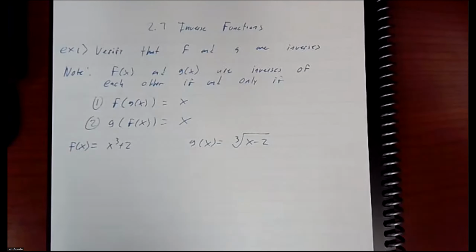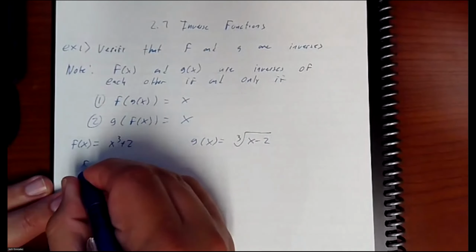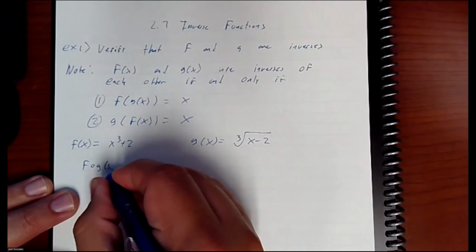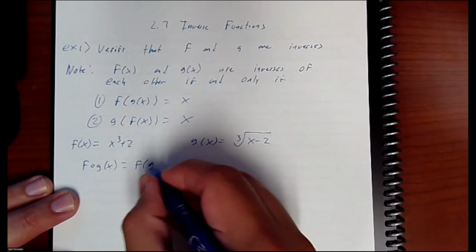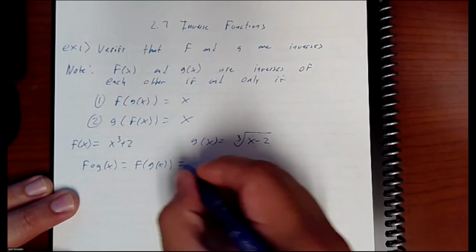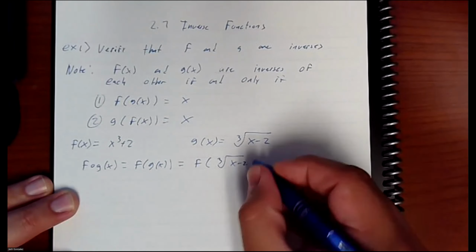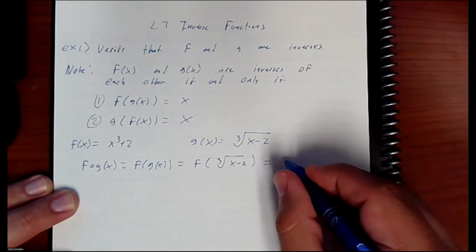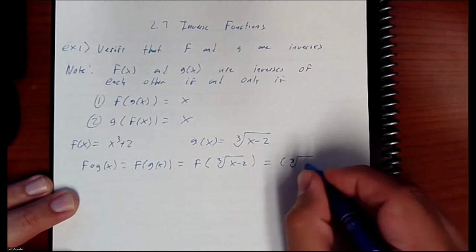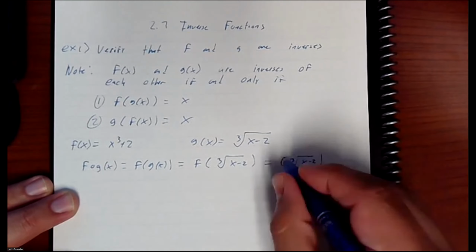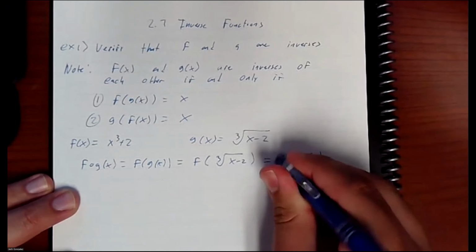Okay. F of G means F of G, which means F of cube root of x minus 2, which would be the cube root of x minus 2, cubed.